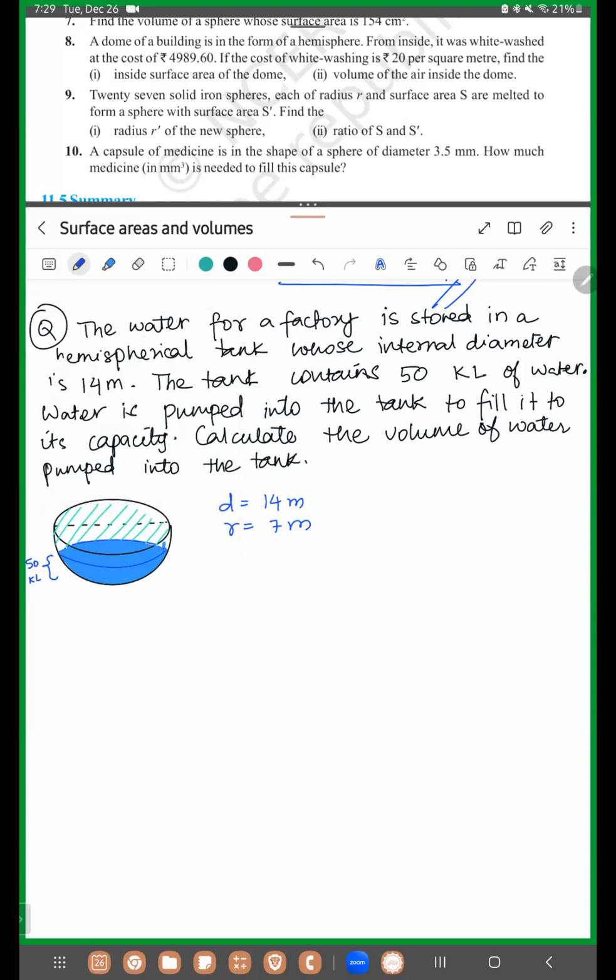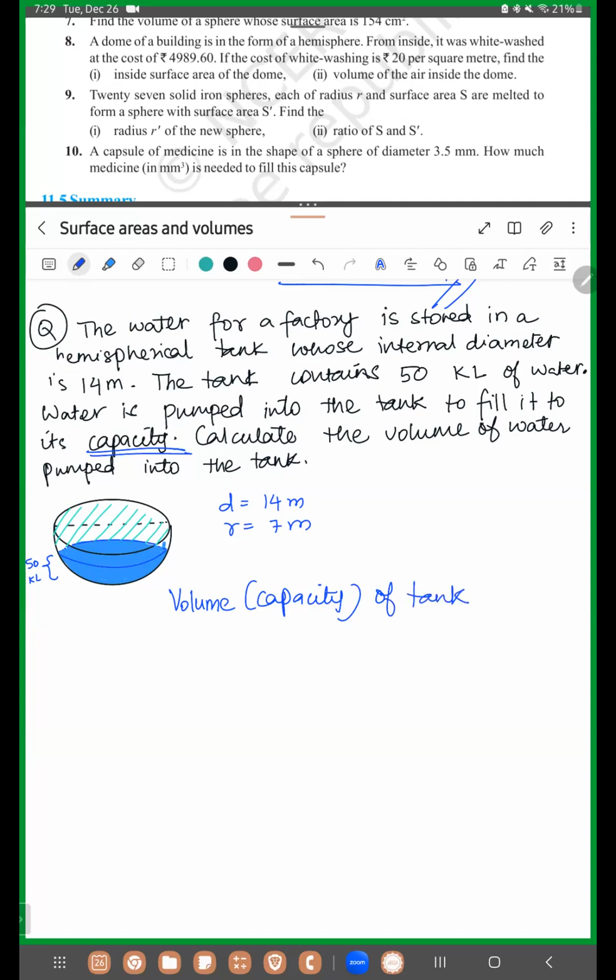So this is very similar to one of the previous questions that we have done. In this, now listen to this carefully, first you have to find the overall volume, the actual total volume or capacity of the hemispherical tank.